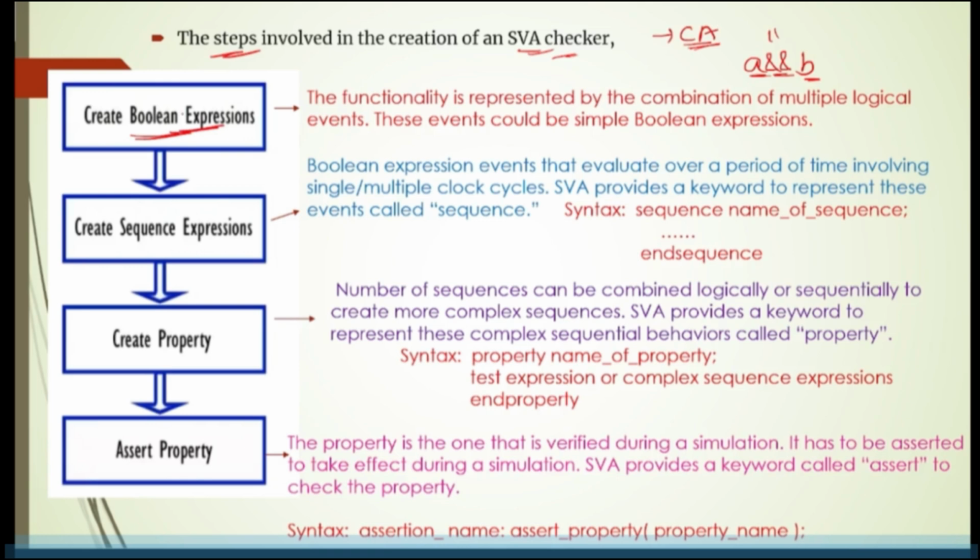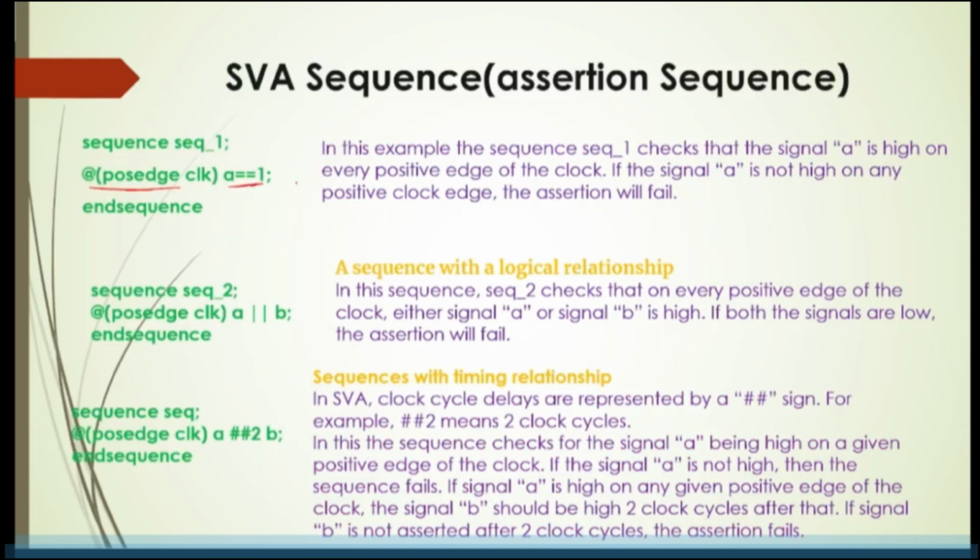After you have decided which boolean expression you have to apply on these particular signals, you will be creating the sequence for those expressions. How do you create the sequence? By using sequence and end sequence. Within the sequence you will be writing the name of the sequence and then the logic here. That means you will be writing this particular logic, see, at the rate of passage of clock a equal to 1.